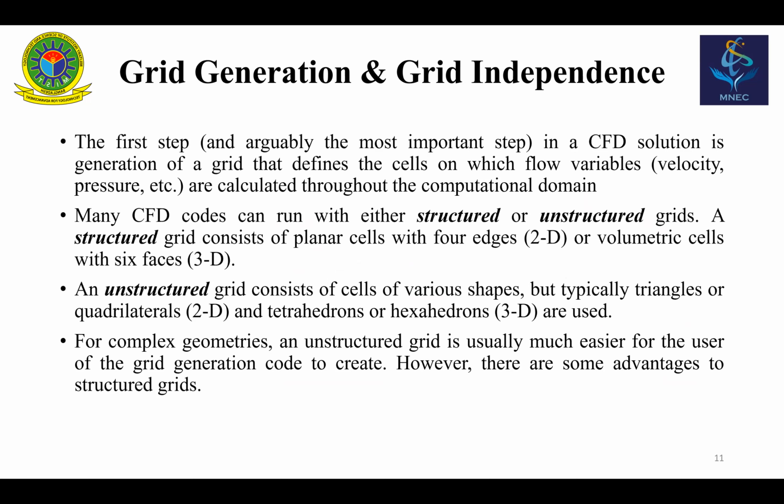One is the structured and the unstructured, and you don't have to bother whether your grid is structured or unstructured. Sometimes we also get good output from the unstructured grids. For complex geometries, an unstructured grid is usually much easier for the user of the grid generation code to create, because you cannot formulate structured grids in all planes of your geometry.